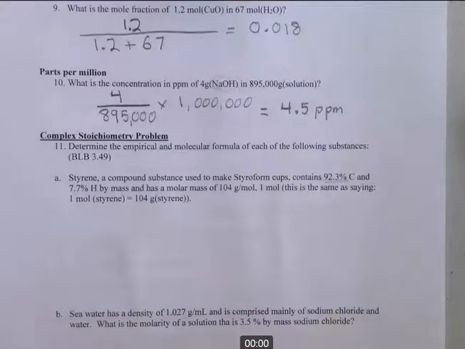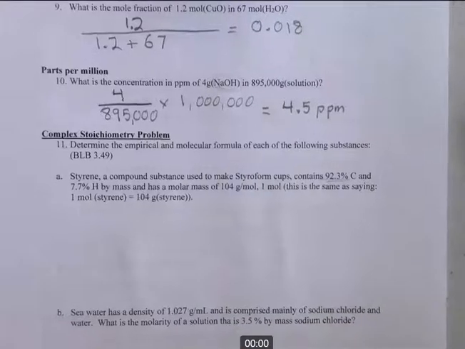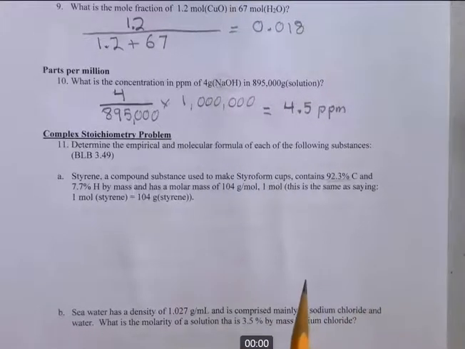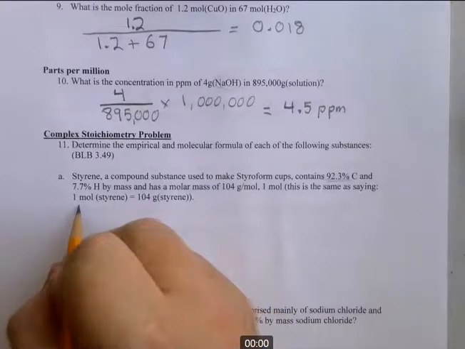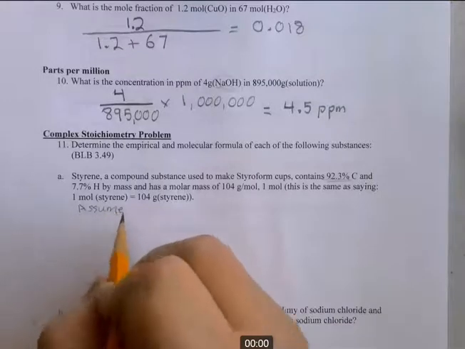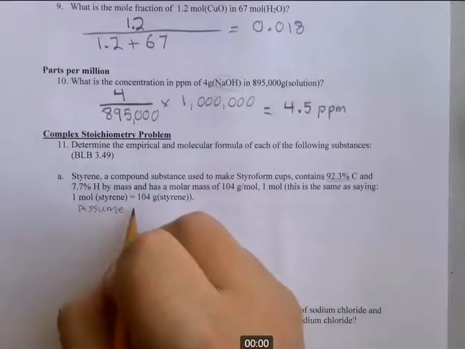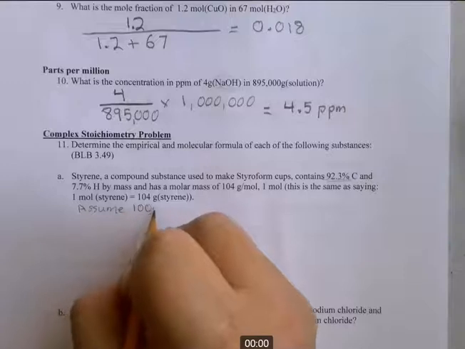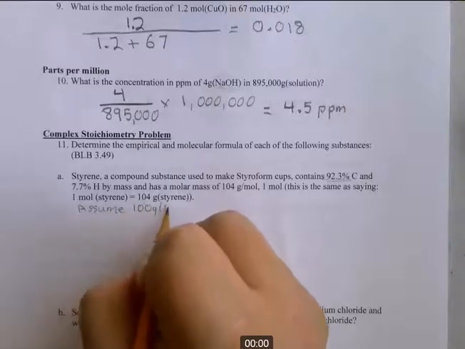You take an imaginary sample of 100 grams. So if I have 100 grams of styrene, that means, so let's just assume, you just write the word assume, you get to pick how much you're going to work with. You could work with 100 grams or 1,000 grams or whatever you want. So assume 100 grams of styrene.